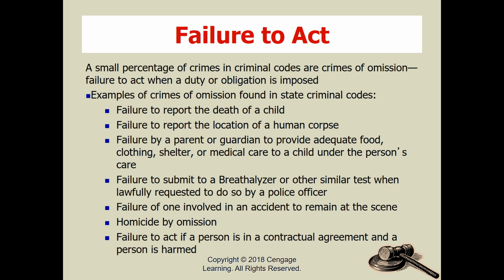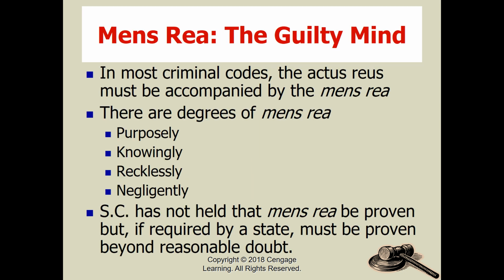Okay, so we've talked about commission, we've talked about omission, which really covers our actions. Let's talk about the state of mind, the guilty mind or mens rea. Now, in most criminal codes, if you have a physical act, you've also got to have the mental state of mind. And very often there are different degrees.